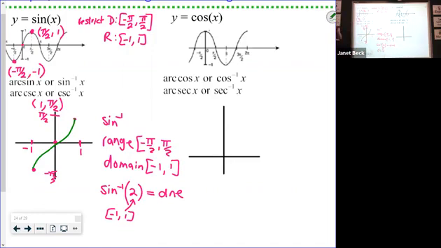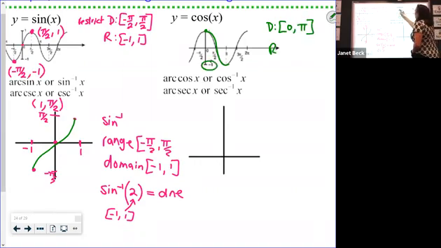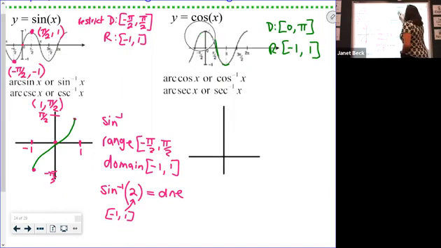And for cosine, we're going from a restricted domain of 0 to pi. It's got a range still of going from -1 up to +1. If I draw the points, the first point is at 0 for the angle, 1. And those switch round.